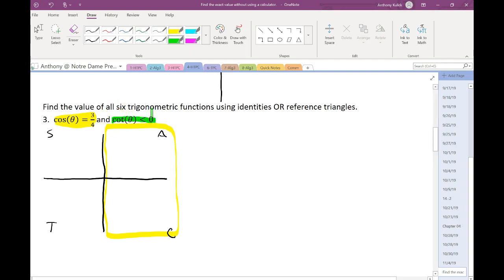Then I'm going to look at the places where cotangent is negative. I know that if a number is negative, then its reciprocal is also negative. So cotangent is negative wherever tangent is negative. So that would be this quadrant and this quadrant. Everybody's okay there.